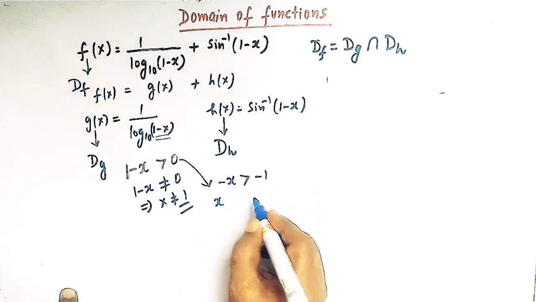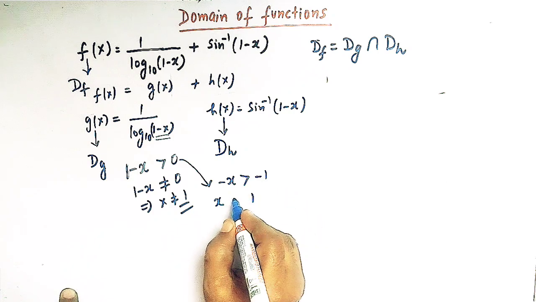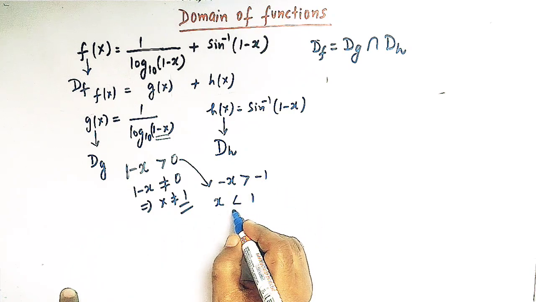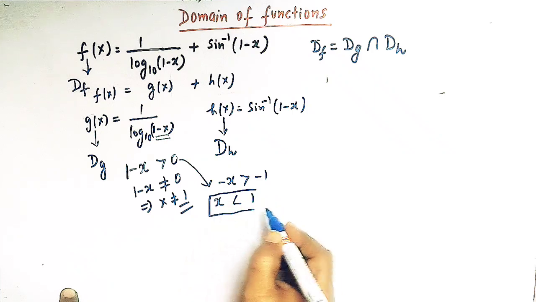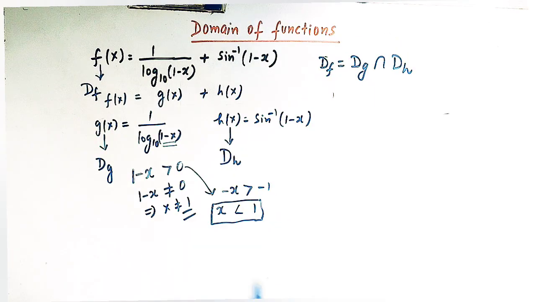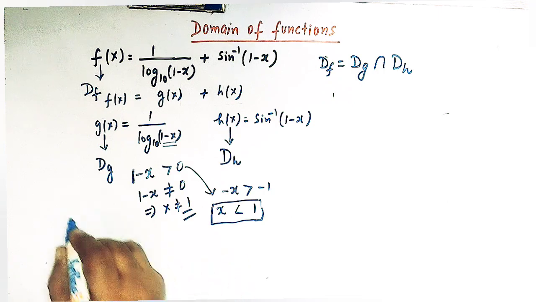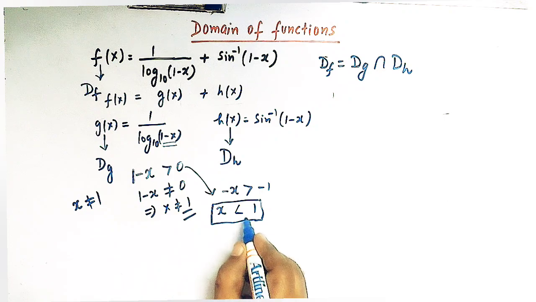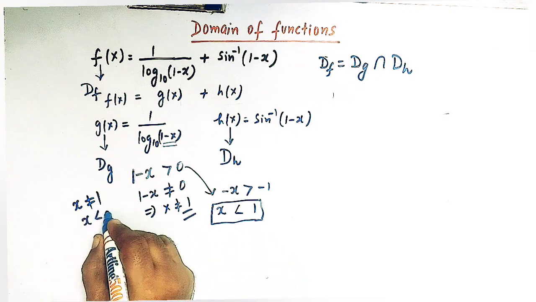So here we have x and here we have 1, and the direction of the inequality gets reversed, right? So x should be less than 1. So here we see that we have the conditions, that is x should not be equal to 1 and x should be less than 1.